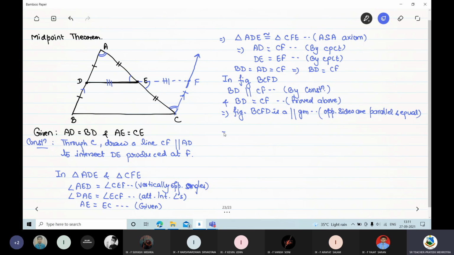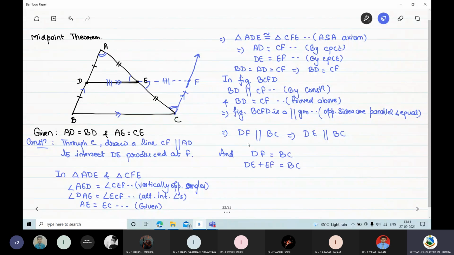Now if it is a parallelogram, this further implies that DF is parallel to BC. So we can also say that DE is parallel to BC. So we got that these two are also parallel to each other. Is this clear? Yes, sir. And I can say that DF will be equal to BC because the opposite sides are equal. DF can be written as DE plus EF. This is equal to BC.